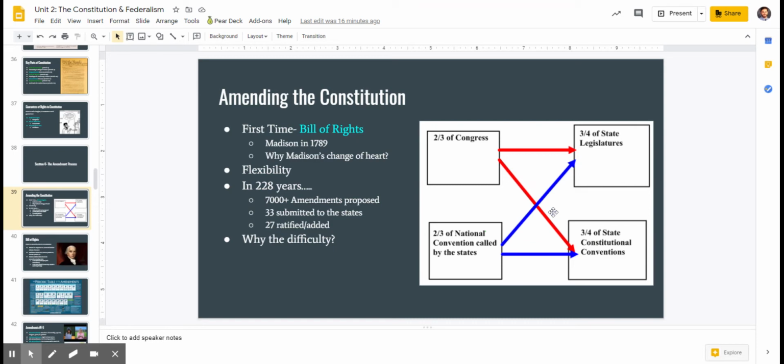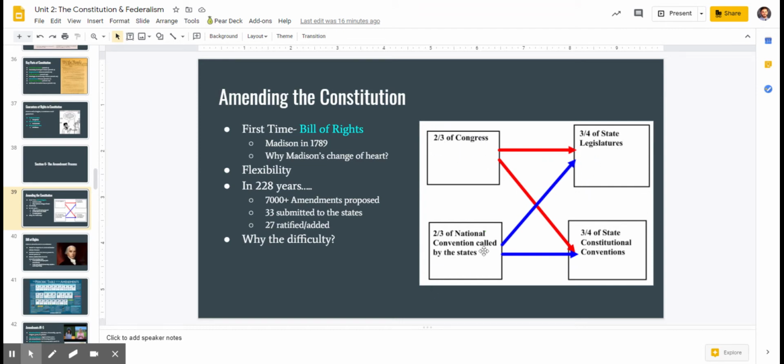Or in special circumstances, they can call a state constitutional convention and convene for the purposes of hearing the constitutional amendment. Again, this has only happened one time, so the one that's seen in red has only happened one time right here going across, and that was for the 18th Amendment. That basically prohibited alcohol, started the Prohibition period, which was also outlawed in the 21st Amendment. So the main way in which you need to know is 2/3 of Congress and 3/4 of the states.